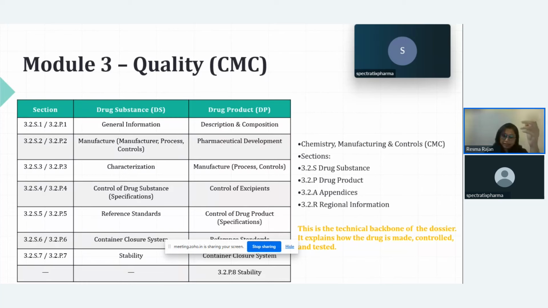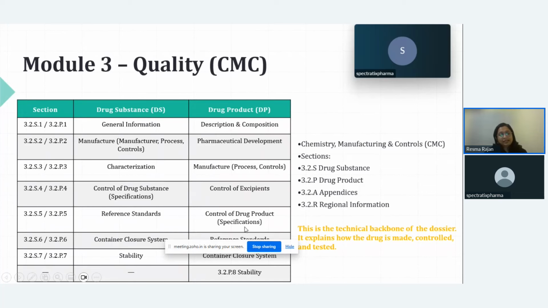Same like water, there are other components. For all other components, there will be a set of testing parameters, limits, and what is your result. All this will be mentioned in the certificate of analysis. Those documents and details will be given in the control of excipient section of the drug product.